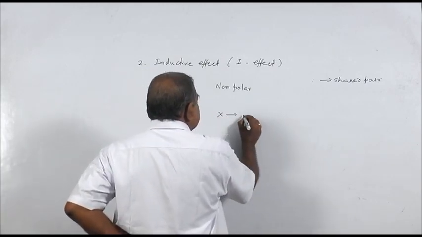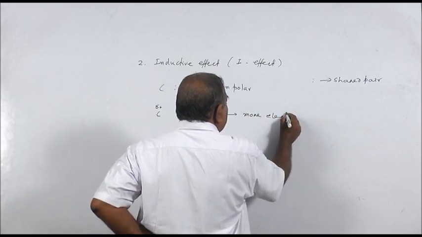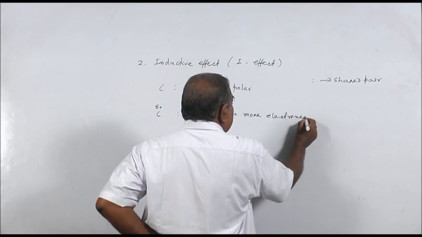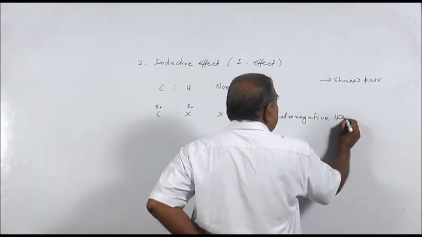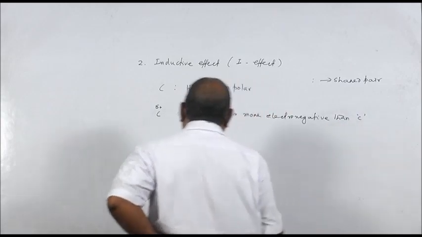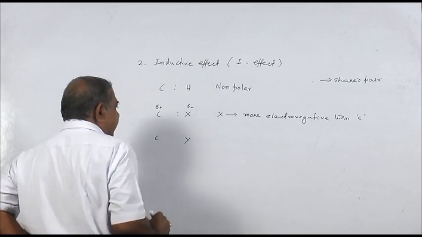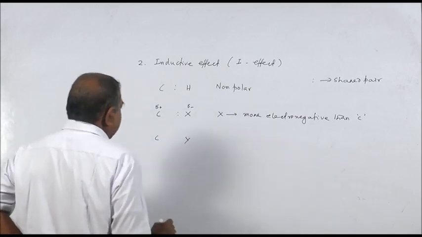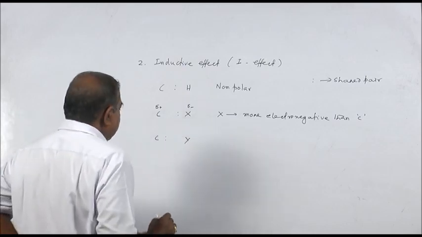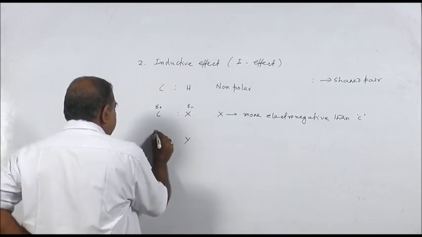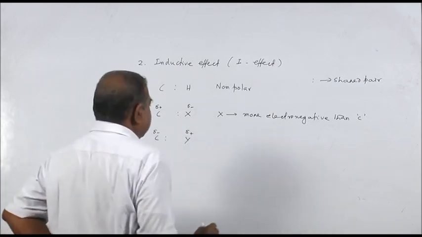Here X is more electronegative than carbon. On the other hand, there may be an atom or group, say Y, which is less electronegative than carbon. Then the shared pair of electrons will be shifted more towards carbon, by which carbon develops slight negative, delta negative, and Y develops slight positive.